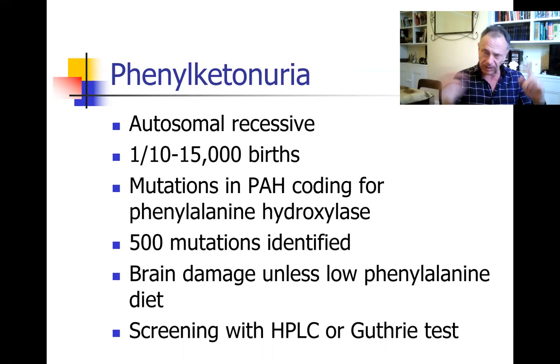That used to be done by a Guthrie test, and there's another test used now. It's a good example of a public health intervention where universal screening is very, very successful. Every child with the condition goes on a low phenylalanine diet and doesn't get the phenotype of intellectual disability as they grow up.